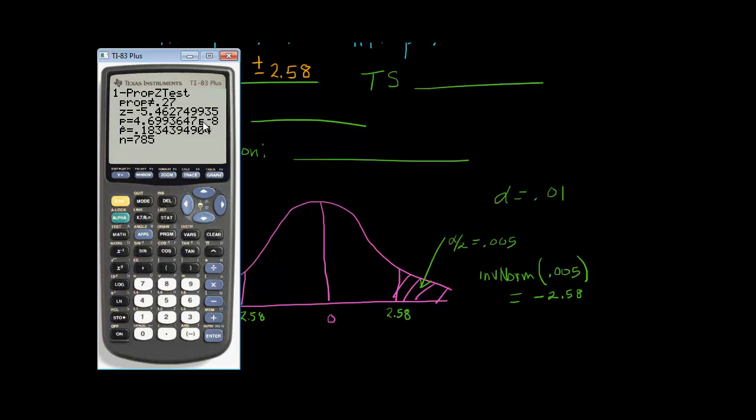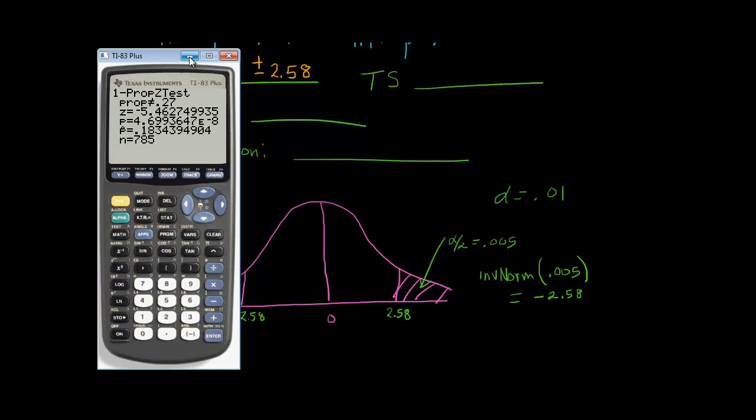The p-value, we again see this number that looks like it's greater than 1, which doesn't make sense for a probability, but notice it's in scientific notation, times 10 to the negative 8, which means we'll move the decimal place 8 places to the left, and once you do that and round to 4 decimal places, you'll see it's essentially 0.